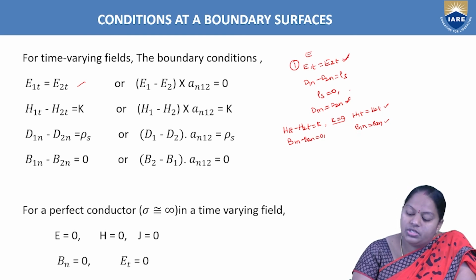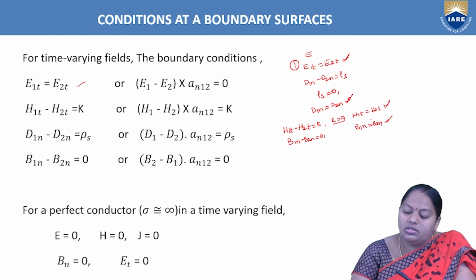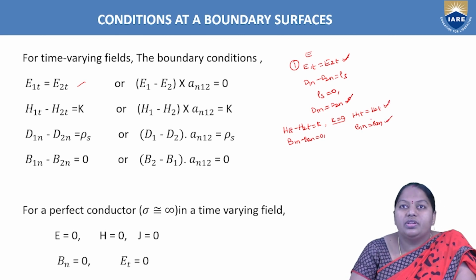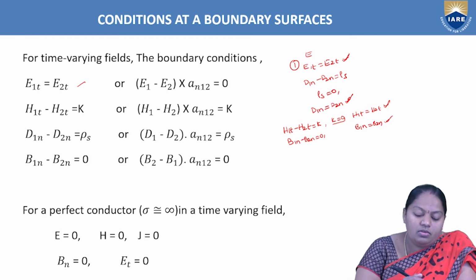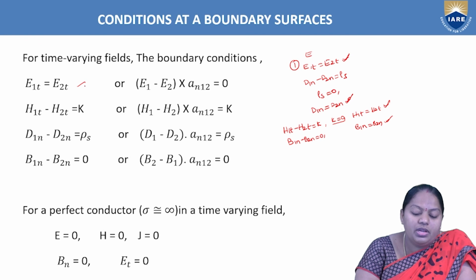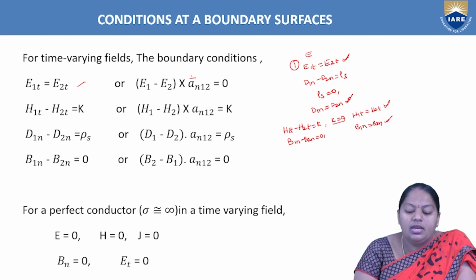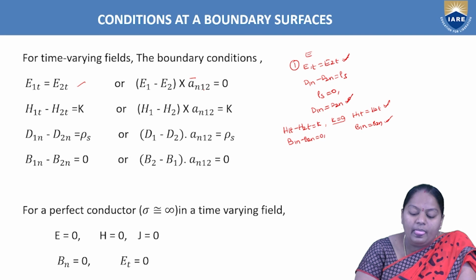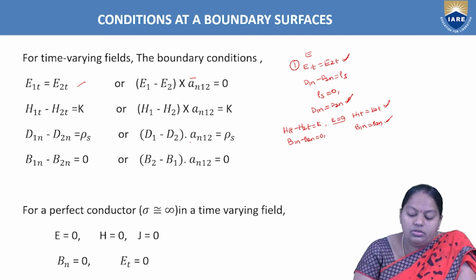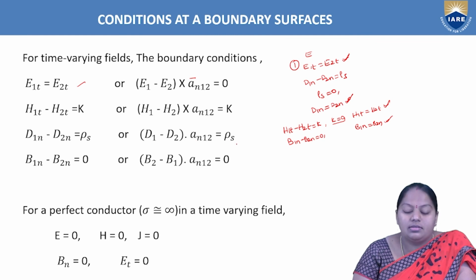So from these relations, we have got the boundary conditions for time varying fields or electromagnetic fields. They are given by E1t equal to E2t, or if you want to express that in vector form, E1 minus E2 dot AN12 equal to 0, H1 minus H2 dot AN12 equal to K, D1 minus D2 dot AN12 equal to rho s, and B2 minus B1 dot AN12 equal to 0.